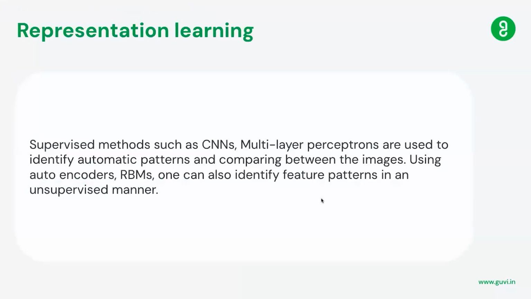Okay. So there are a lot of supervised and unsupervised tools that are used for representation learning. We earlier saw what supervised and unsupervised learning were. Supervised methods such as CNNs and multi-layer perceptrons are used to identify automatic patterns. We saw how the convolutional layer convolves over the images and how the pooling layer captures only the relevant aspects from the convolution. So those convolution and pooling layers together capture those relevant features and identify the patterns from the images.